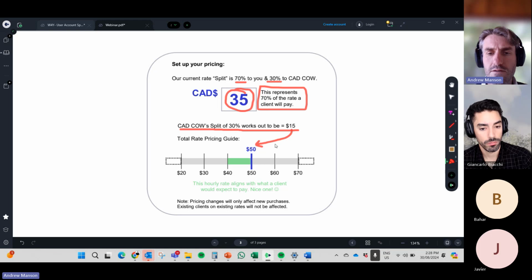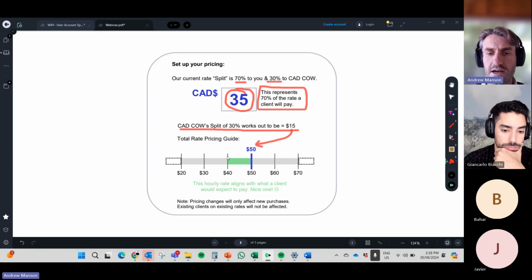So this green zone here, let's just say this is an advanced level person, someone with maybe 15 years of experience. That zone here would represent the green zone in which we feel a client would be willing to pay for someone with your experience level.